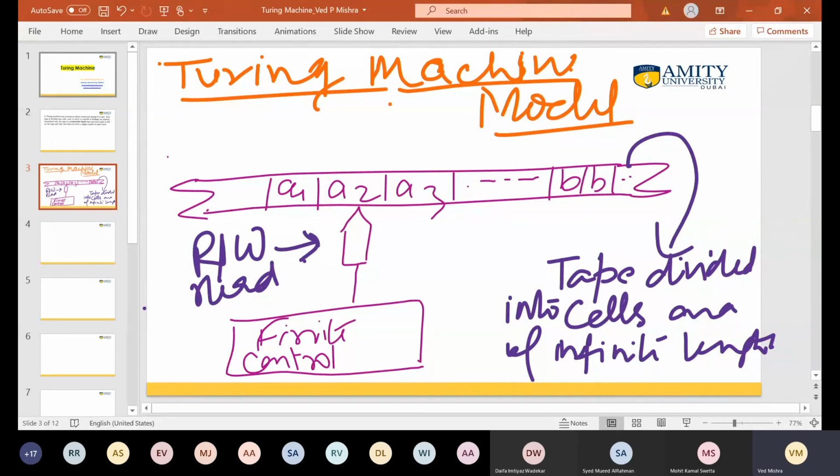Writing a new symbol in the cell, each symbol A1, A2, A3 will be scanned, and on the basis of the logic or instructions given, this read-write head will move either one cell left or one cell right.